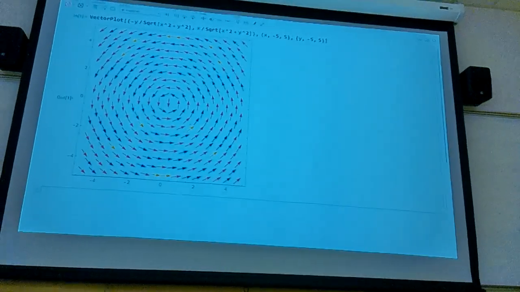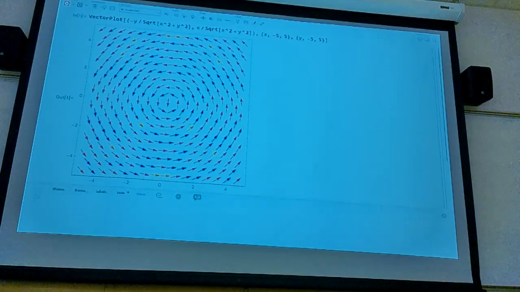Let's start minus 5 to 5. That's technically all you need. And there's our vector field.